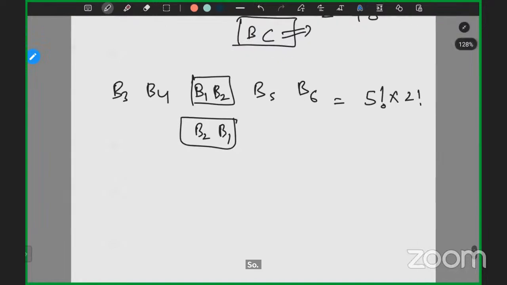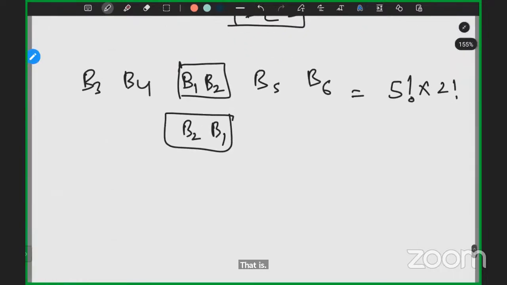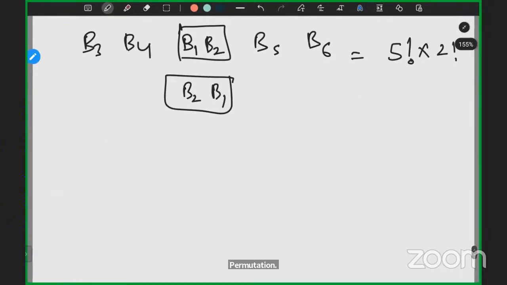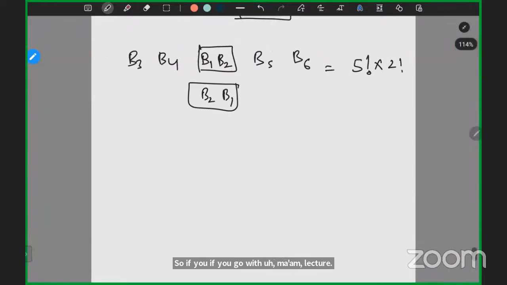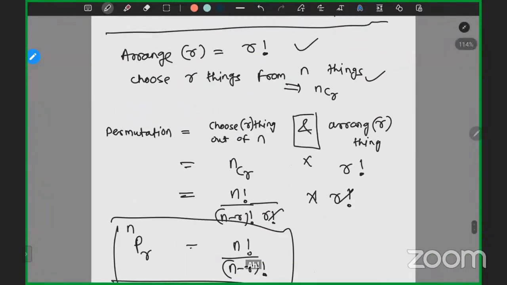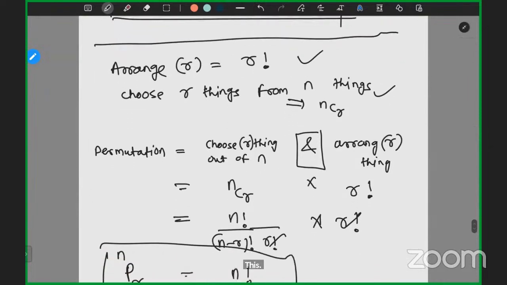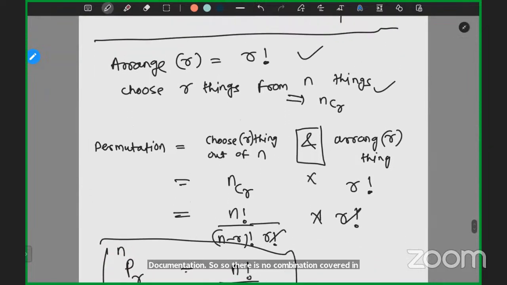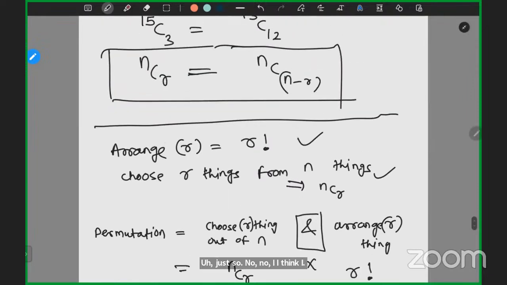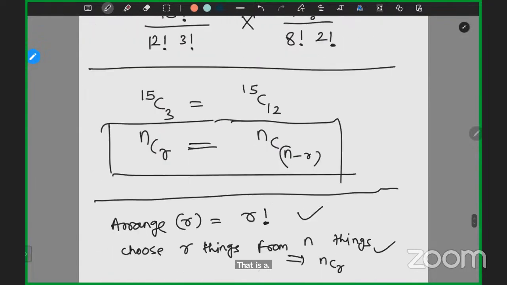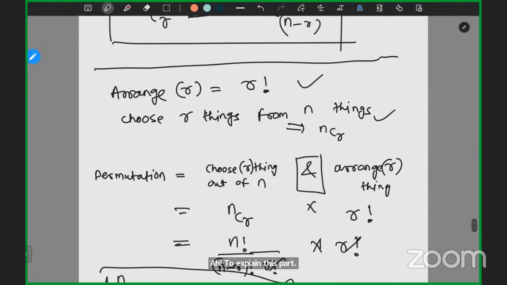If you go with ma'am's lecture, she has done a different way of this permutation. There is no combination covered in week 5. I have covered it just to explain this part, but maybe you can go with her way of teaching and directly land on permutation and then go back to combination.